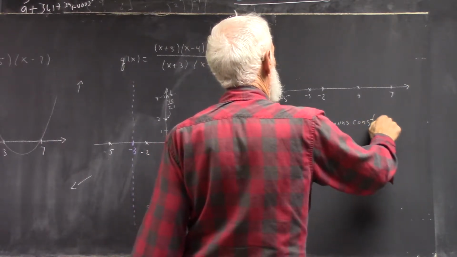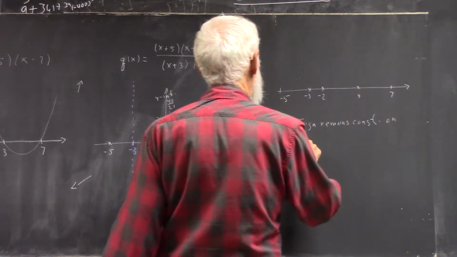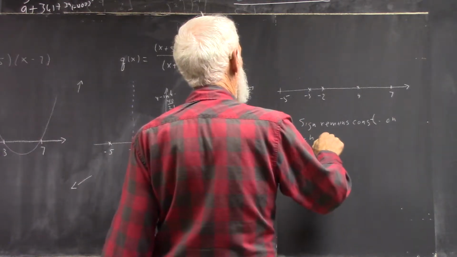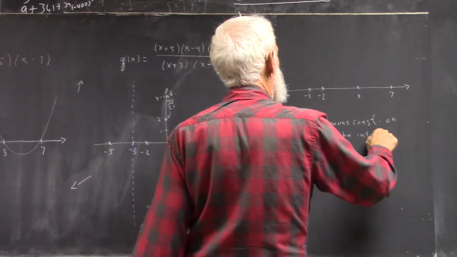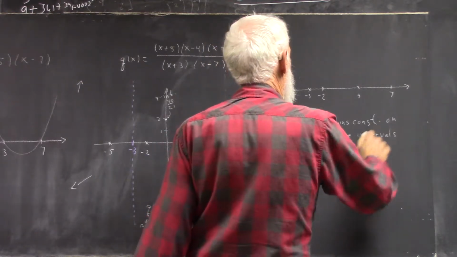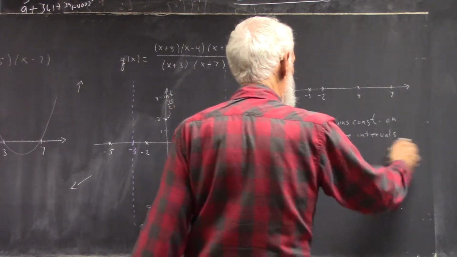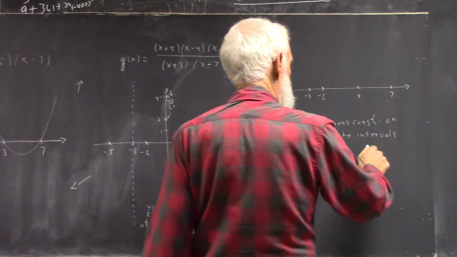We're going to say the sign remains constant on each interval. Now list the intervals over here, and then we're going to write some stuff to the left.